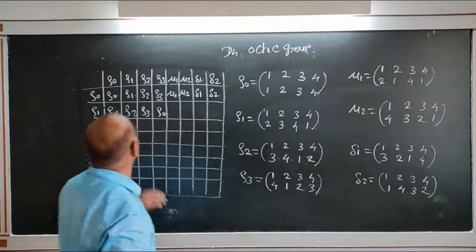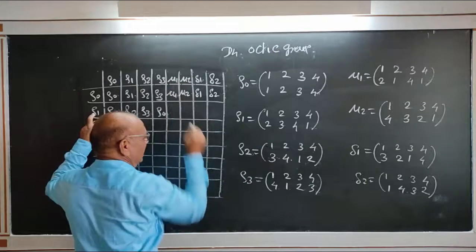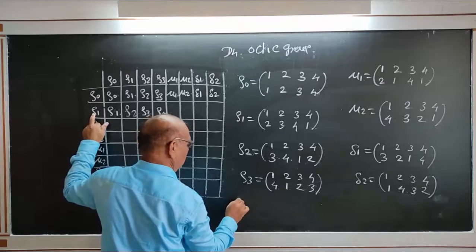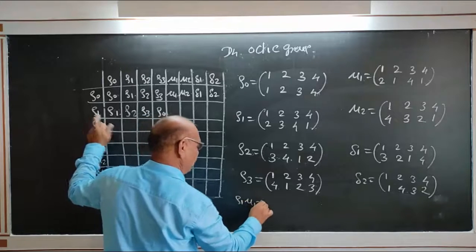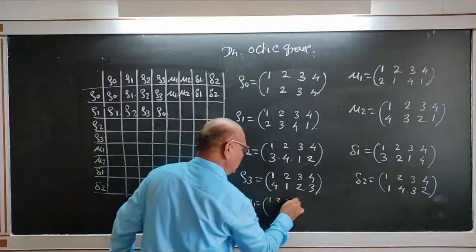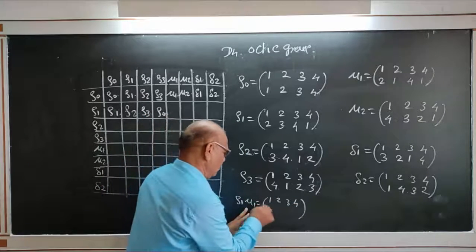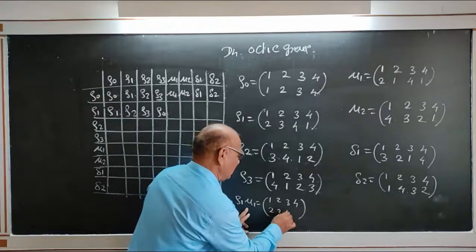Next, see here, rho 1 into mu 1. Rho 1 is 1, 2, 3, 4 going to 2, 3, 4, 1.